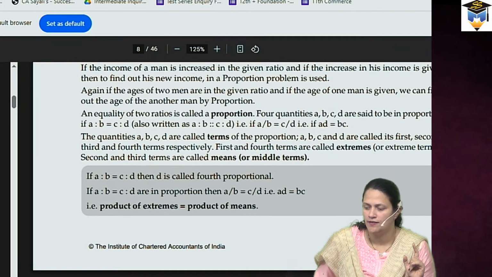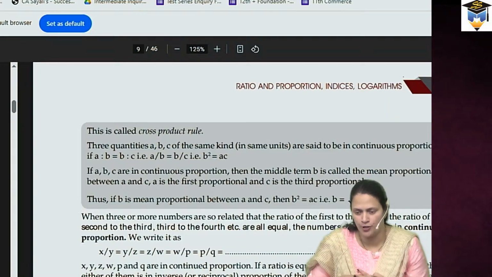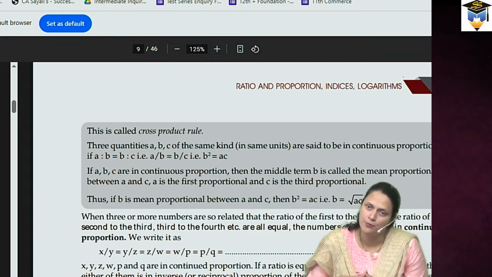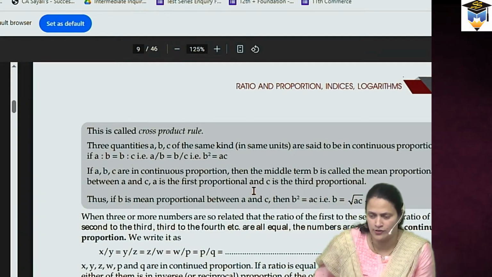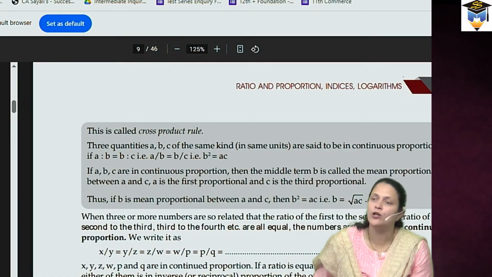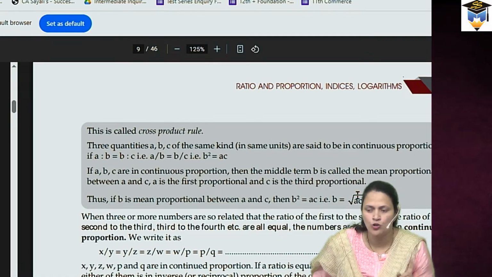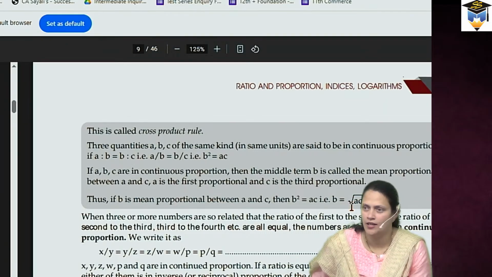Understood? Next. This is called the cross product rule, and I've already told you, if there are three numbers in proportion, then the product of the mean is equal to the product of the extremes. Why mean? Because the middle term is going to be the square root of the product of the extreme values. So B is going to be equal to square root of A into C. Understood?